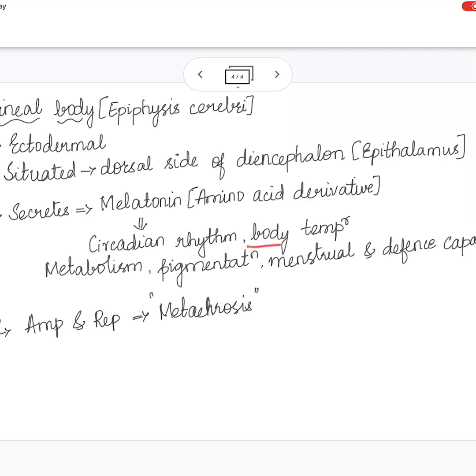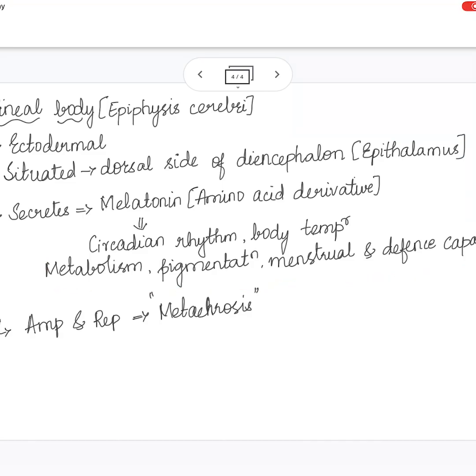Also related to body temperature, metabolism, pigmentation, menstrual cycle, defense capability. These are some of the important functions taken care of by melatonin, which is secreted from the pineal body.